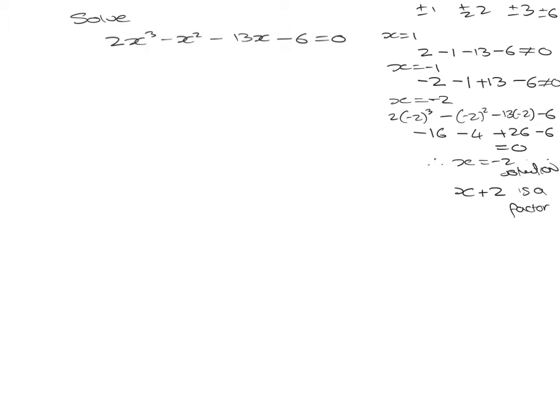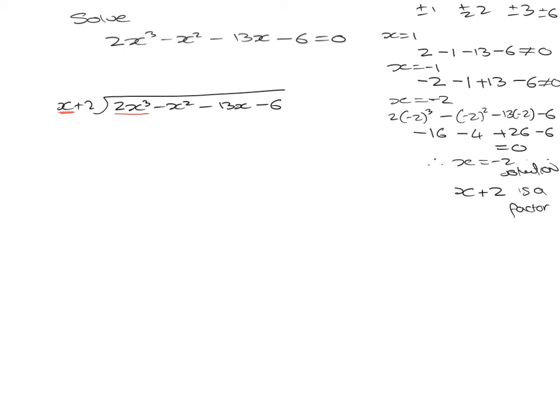Now we know a factor, we can get involved in long division. So what you do is you put the thing you're dividing by, in this case x plus 2, order it with highest powers of x first, going down, and the thing we're dividing. And the first step is you take the highest power of x and divide it by the highest power of x.